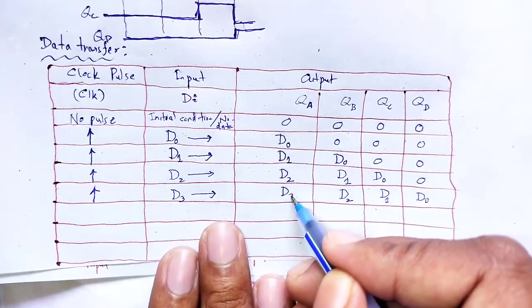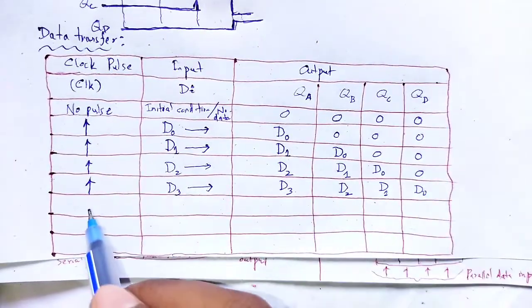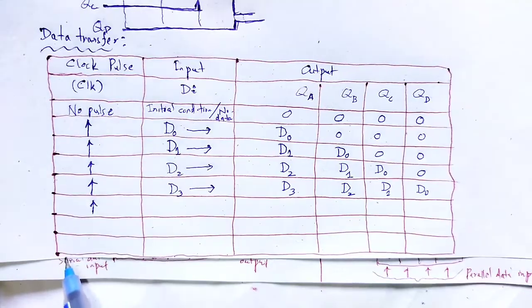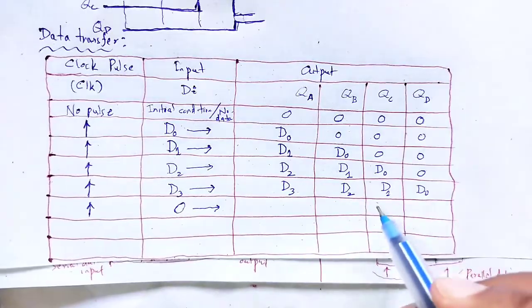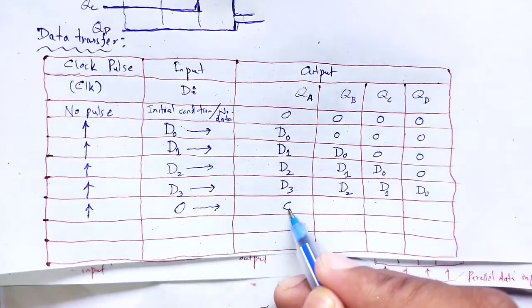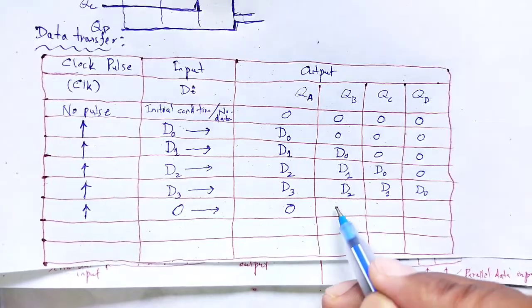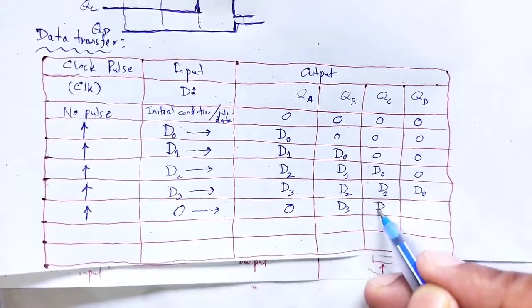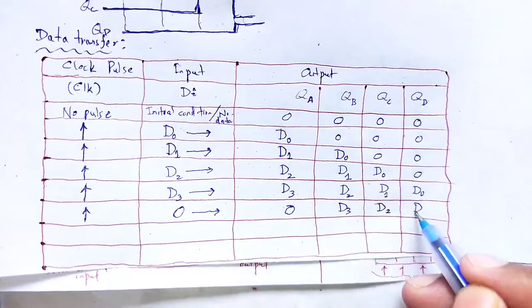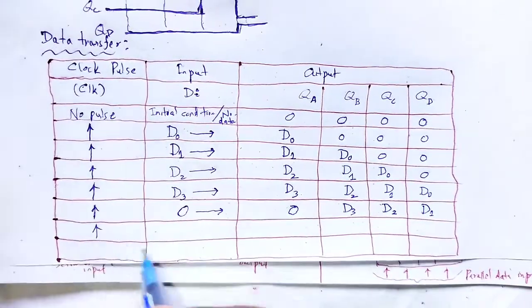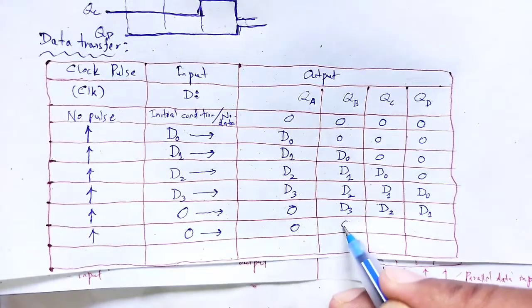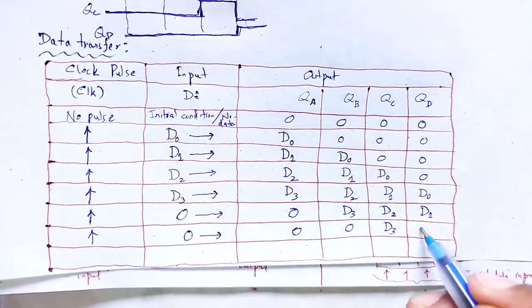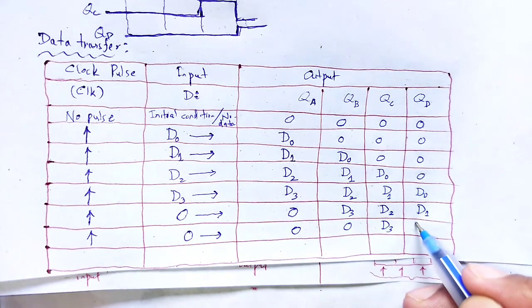D2, D3. Again we apply a pulse, so there is no input, but the shifting continues as 0, D3, D2, D1. Another pulse is applied, input 0, shifting continues as 0, 0, D3, D2.